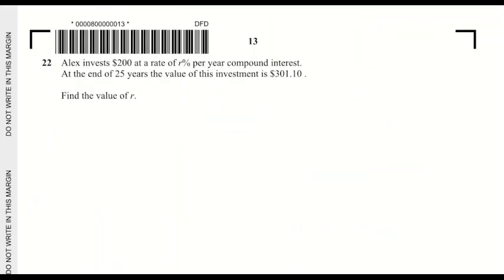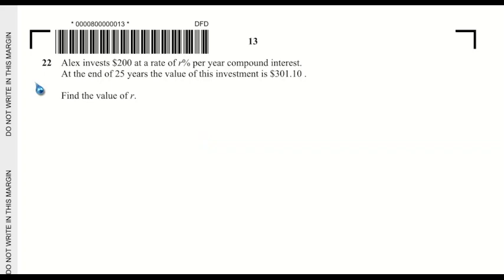Question 22. Alex invests $200 at a rate of R% per year compound interest. At the end of 25 years, the value of this investment is $301.10. Find the value of R. So we need to find the rate.